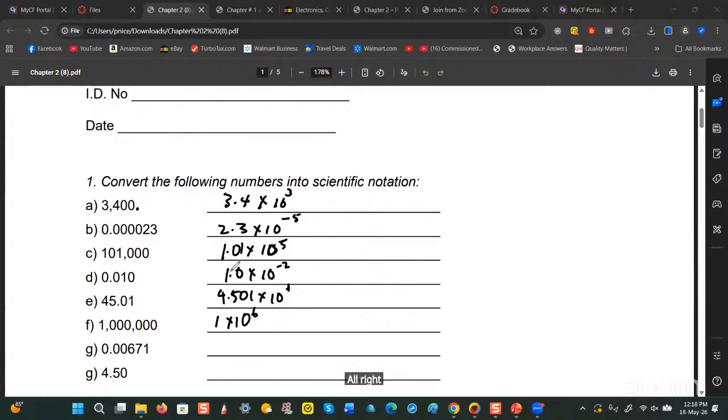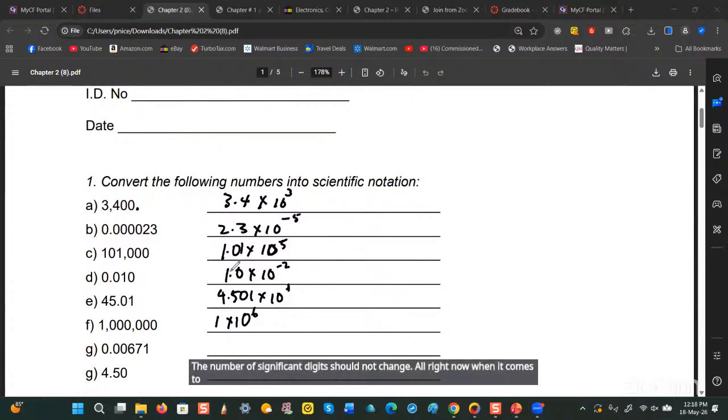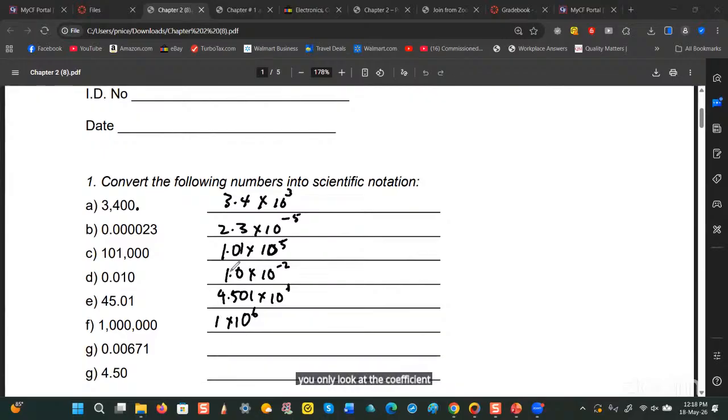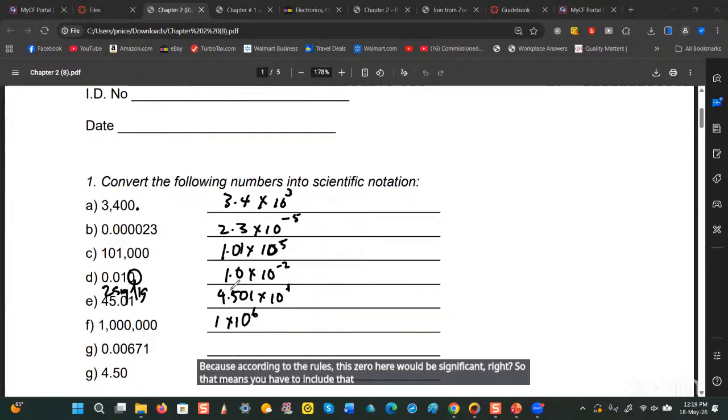All right? Now, when it comes to scientific number expressions, you only look at the coefficient to determine the number of sig figs. For example, this one right here had 2 sig figs, because according to the rules, this 0 here would be significant. So you have to include that 0 when you're writing down the number in scientific notation.